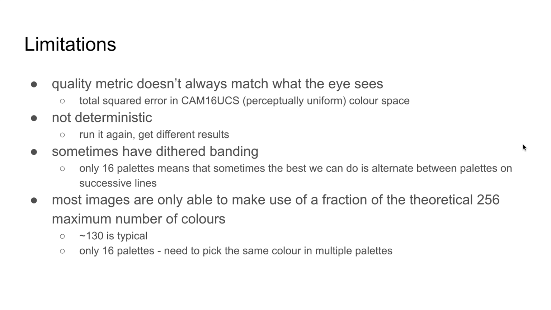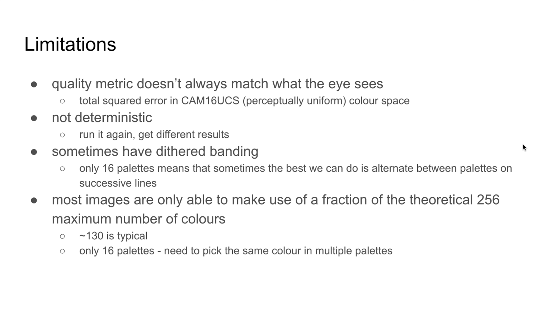Talking more about some of the limitations of the approach. Firstly, the quality metric that I'm using, which is just some total squared error metric, doesn't always strictly match how the human eye sees the image. And so sometimes you might find that there's an image which is technically lower error according to this metric, but it has some visual features or artifacts that make it less pleasing.